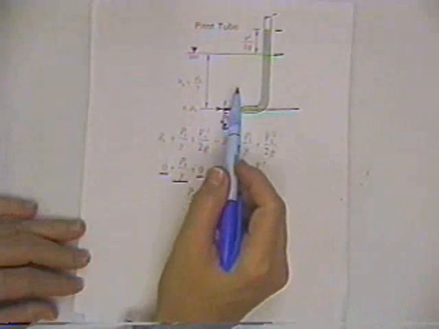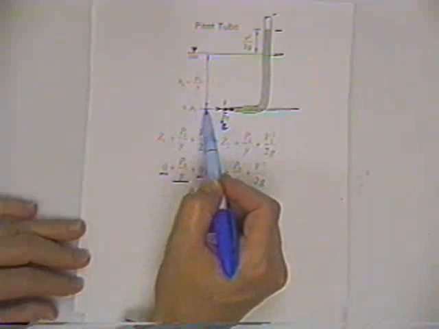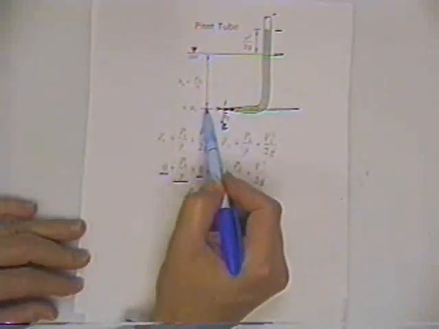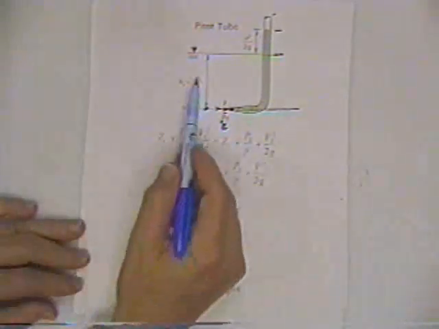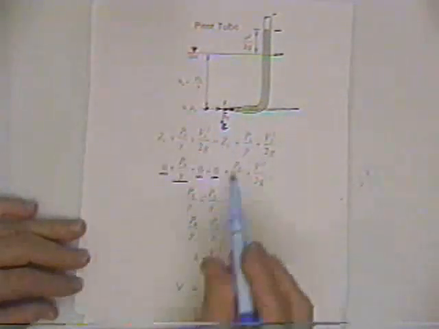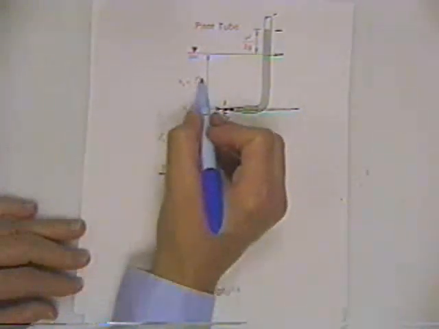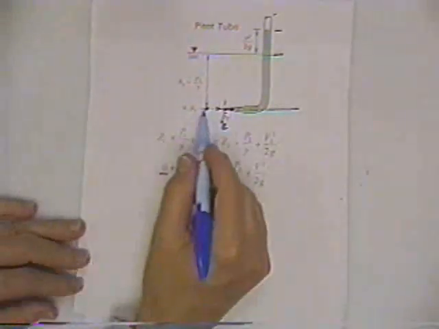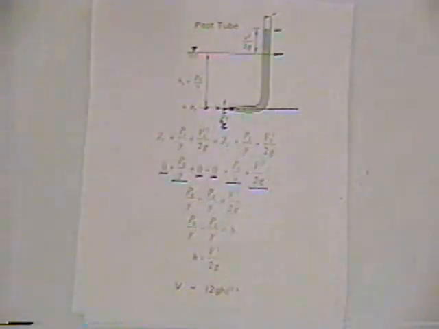The pressure would be gamma times the vertical difference in elevation between the water surface down to this point of interest out here in front of the pitot tube, and so that's just the pressure divided by gamma. We'll call it PS, stagnation pressure. And then there is a velocity. When you get away from the pitot tube, there's some velocity.